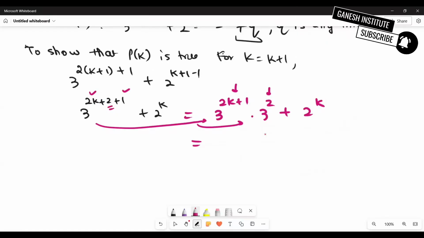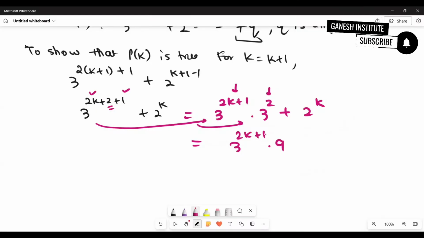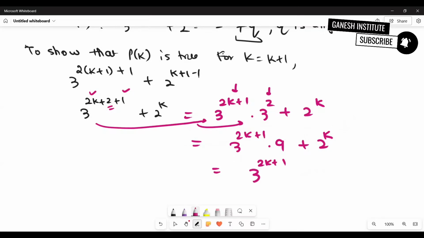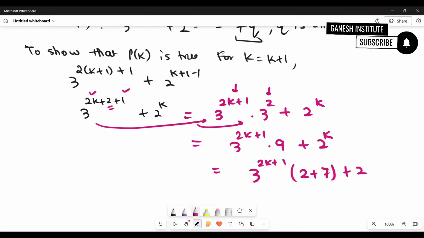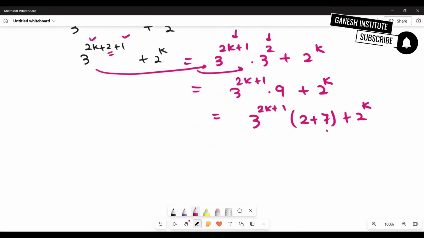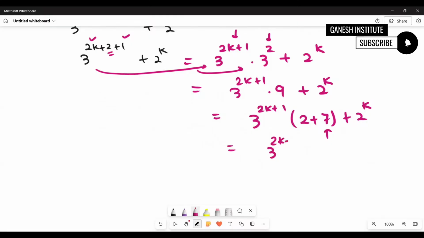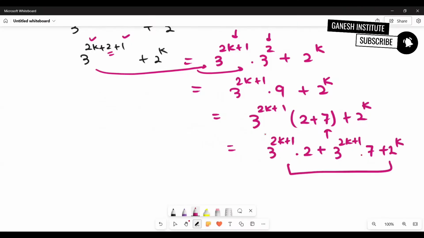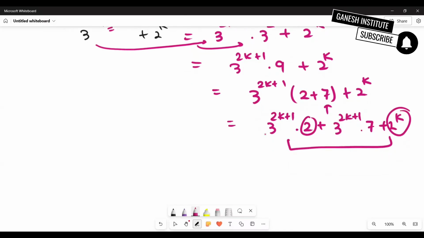Now, what is the benefit of this step is, I know 3 squared is 9, and I can write 9 as 2 plus 7, right? I need to bring 7 into the picture. So, if I now distribute it from here, these two have the same bases at least. So can I take out anything common?